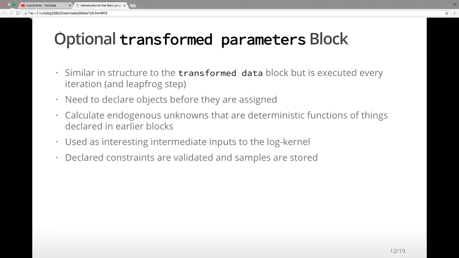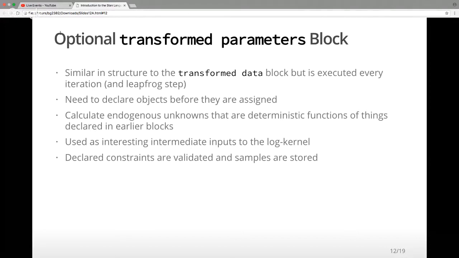Also, due to the nature of how to do efficient sampling, a lot of times what you're really interested in is a transformed parameter, and you're doing some transformation to make those transformed parameters, so the things in the parameters block you're not really interested in so much by themselves.